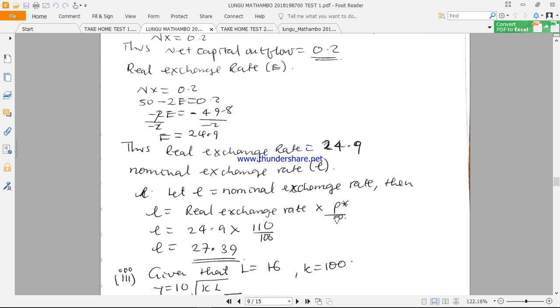Christopher? Yes, I believe this is correct. P star over P, unless otherwise. So the real exchange rate, we found it to be 24.9. I'm just going to put 24.9 times the ratio of the prices. When you do the calculations, you're getting something like 27.39.